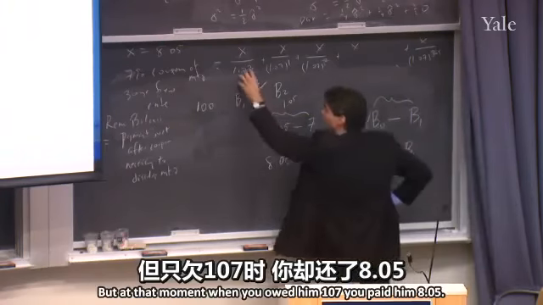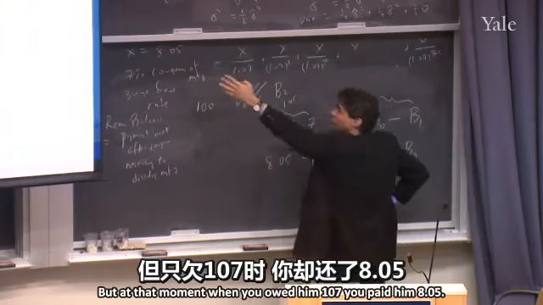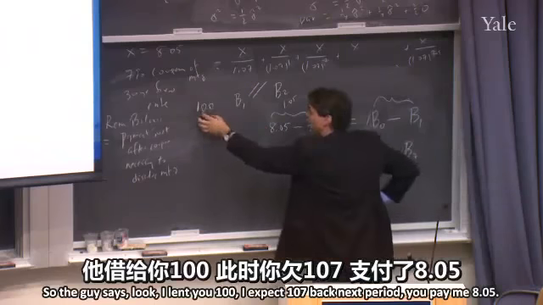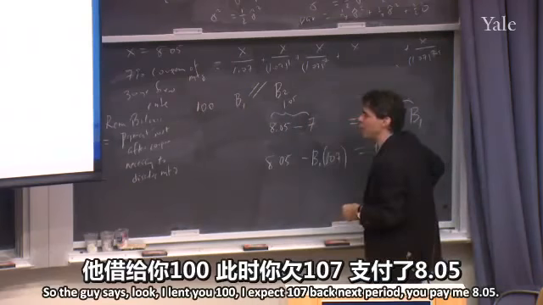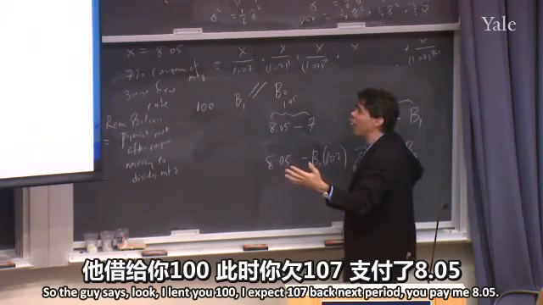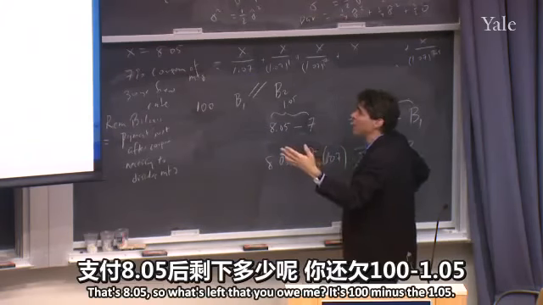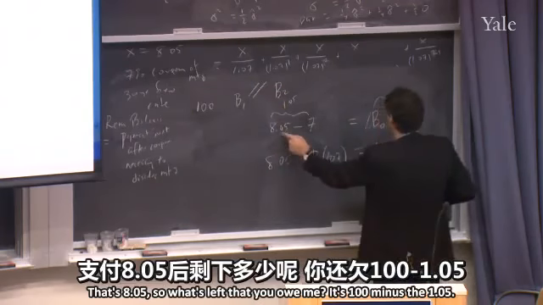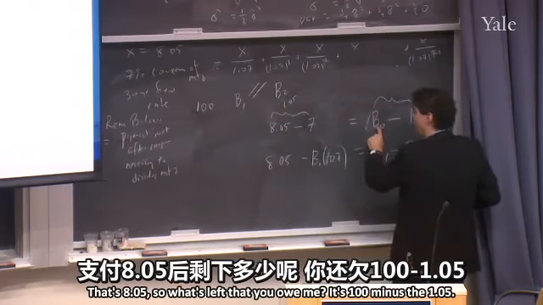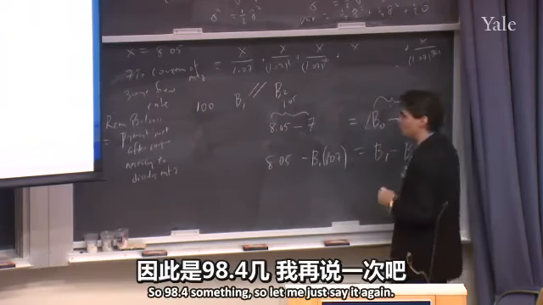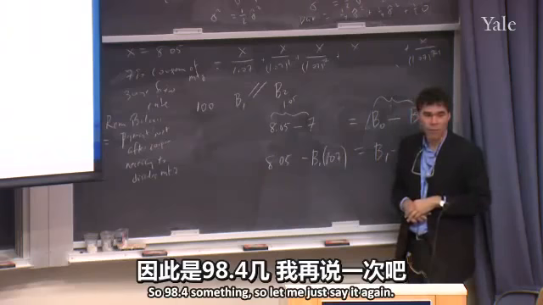But at that moment when you owed him 107, you paid him 8.05. So the guy says, look, I lent you 100, I expect 107 back next period. You pay me 8.05. So what's left that you owe me? It's 100 minus the 1.05, so 98.4 something.